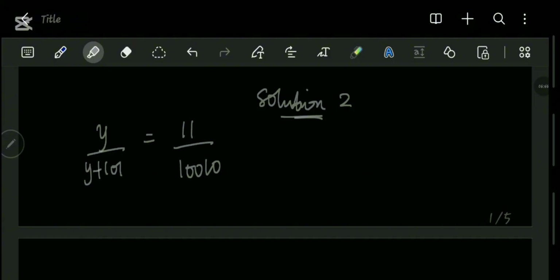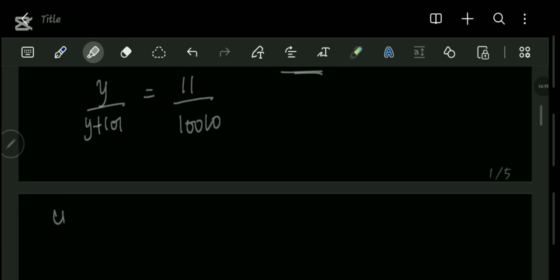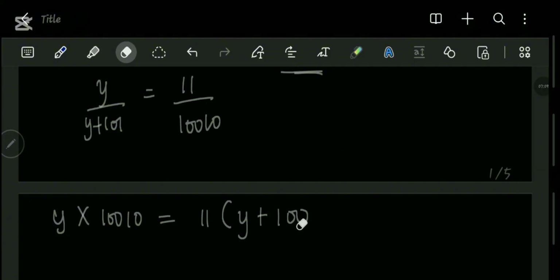So from what we know about equations, we have to cross multiply. So when I cross multiply here, y is going to multiply this number here, so I'm having y multiplies 10010, and that's equal to 11 will multiply this, so I'm having 11 into y plus 101 rather, right?